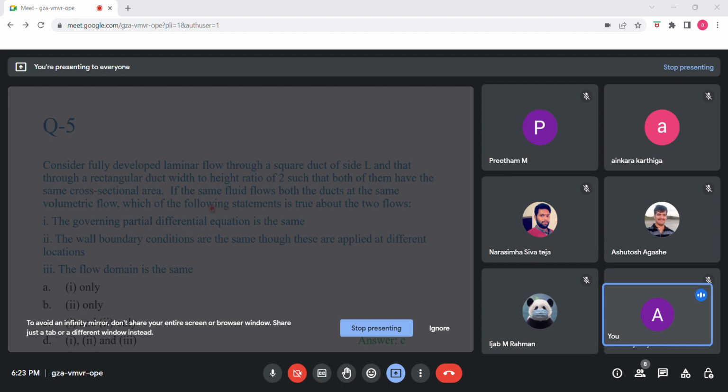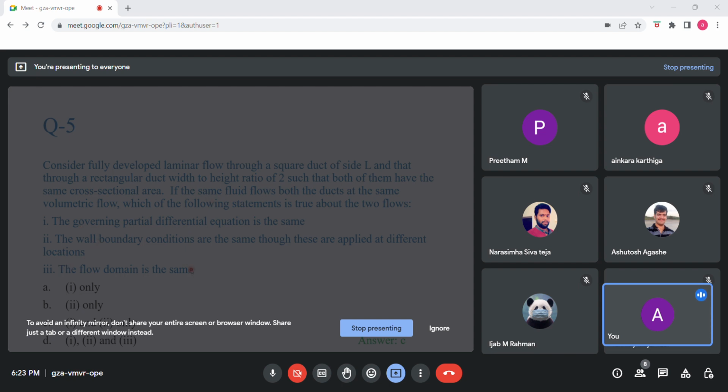The application with respect to points will differ, but the basic governing equation is the same in this case. Next, the wall boundary conditions are the same, though these are applied at different locations, which is also true. We are applying the boundary conditions at different locations, but the conditions at the bottom and the top, where velocity values will be given, remain the same.